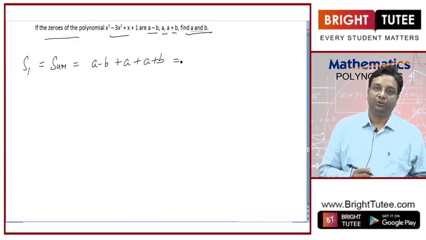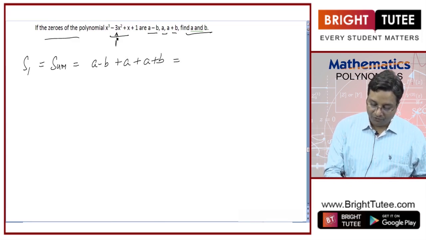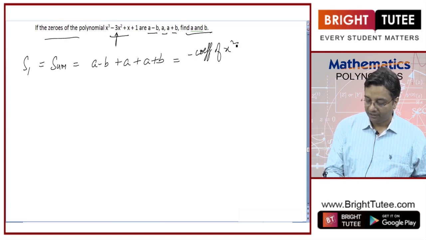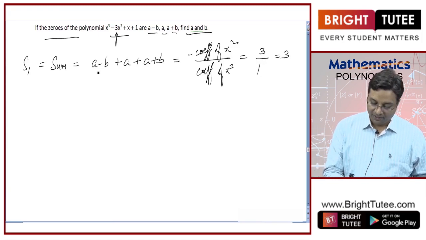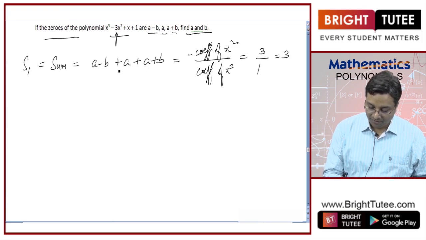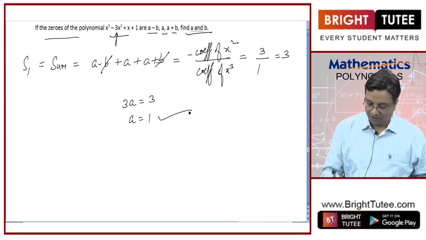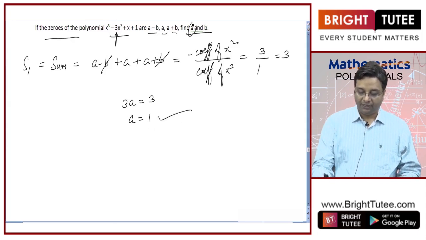It should be equal to minus of coefficient of x square divided by coefficient of x cube. So minus of coefficient of x square is 3, it is 1, so it will be equal to 3, and so it will give me, b gets cancelled here, 3a equal to 3, hence a equal to 1. So I get the value of a.